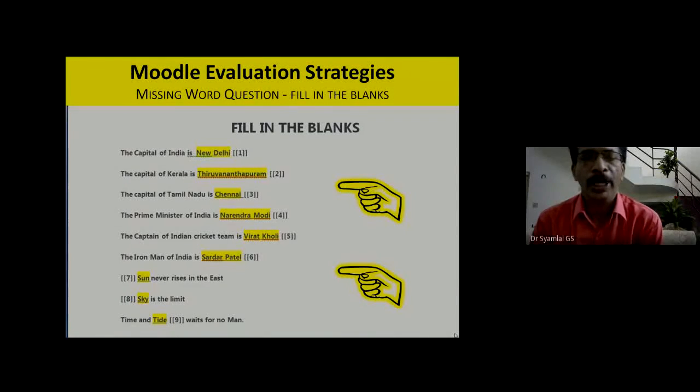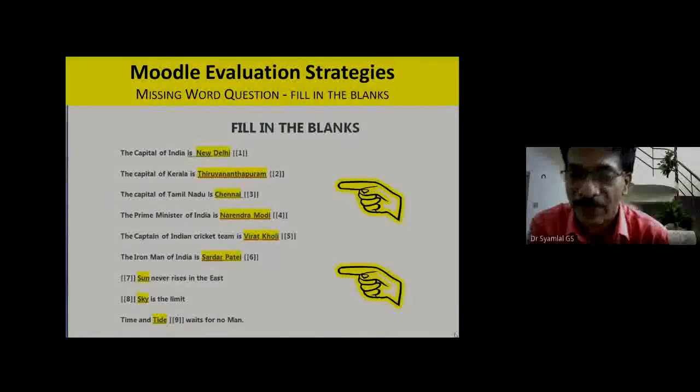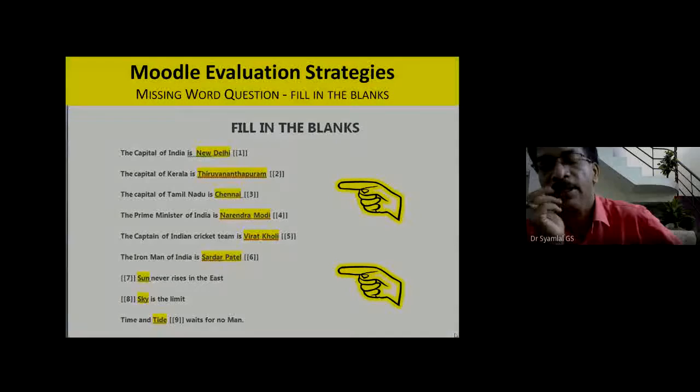Now you type bracket 7, close the bracket, sun never sets in the east, not rises. There is a mistake. Sun never sets in the east.